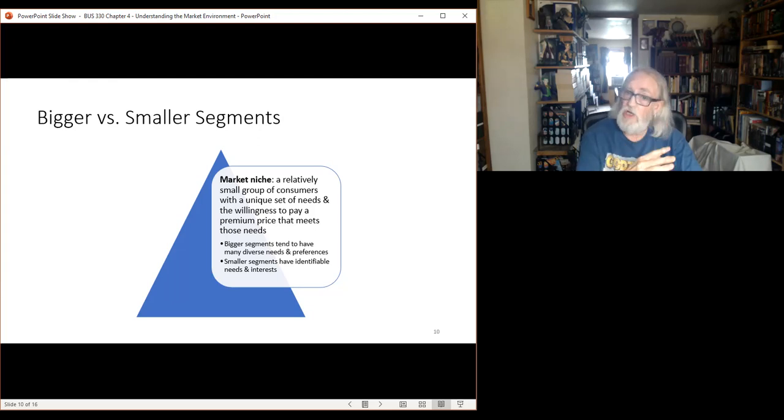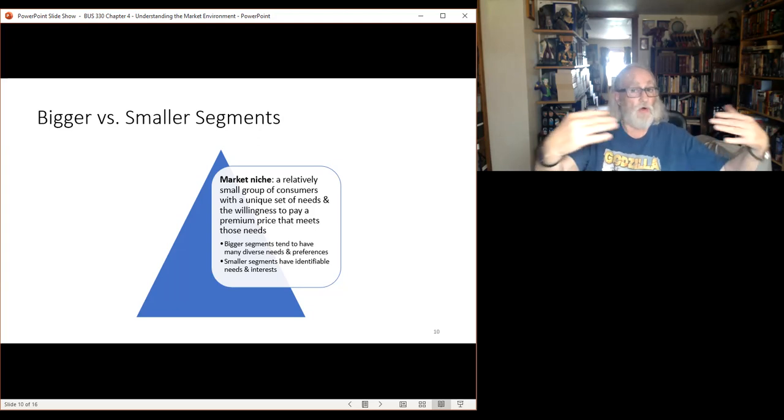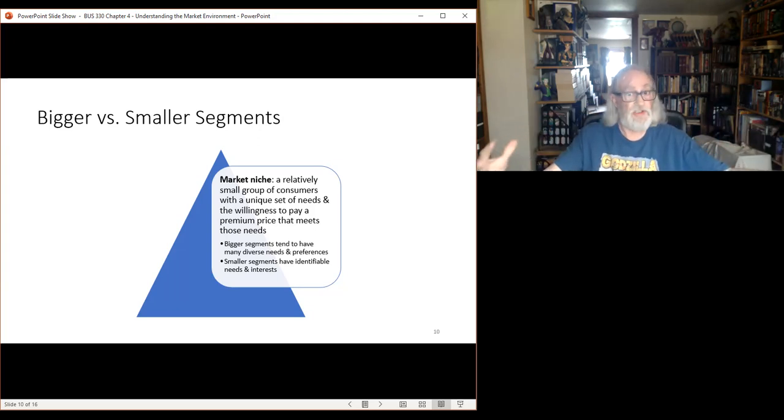we have seen a trend in the last 15 years in particular to smaller and smaller segments, and a trend where all of us as marketers are trying to find a market niche. Now, a market niche is a smaller group of consumers, a smaller segment of your larger heterogeneous, diverse segment that's out there of whatever audience category, and it's a small one who have similar unique needs and wants.